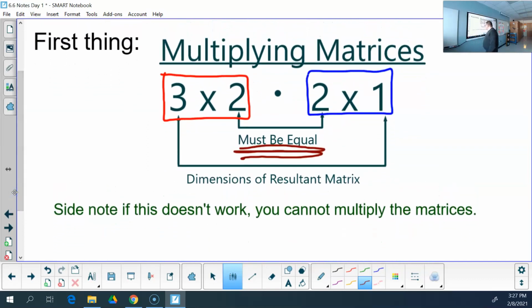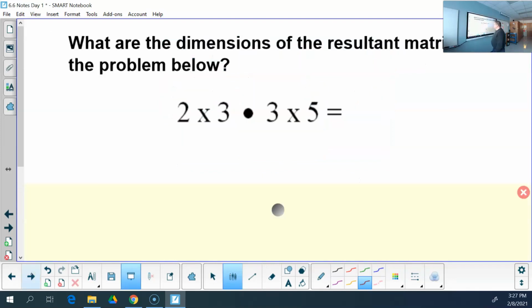If those middle two numbers aren't the same, again, you cannot multiply. You have to check that every single time. You can't get away without checking. So when you look at the dimensions, we look again to see that these two numbers are the same.